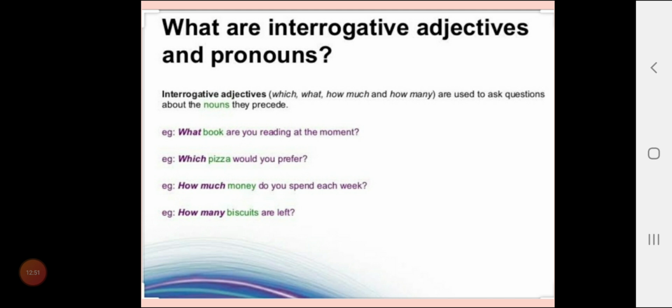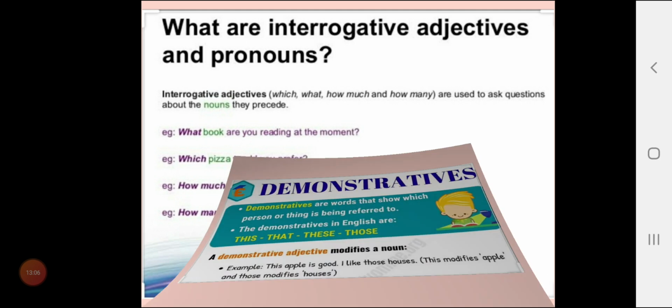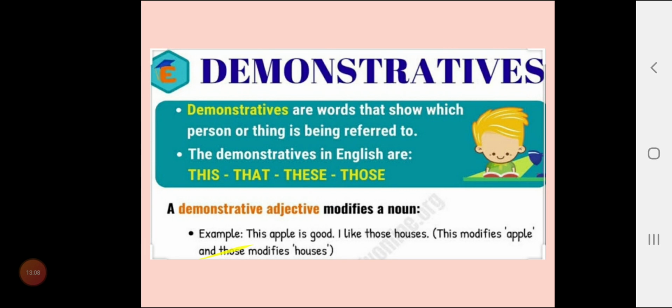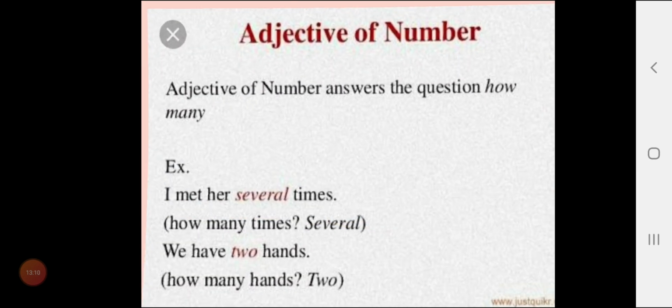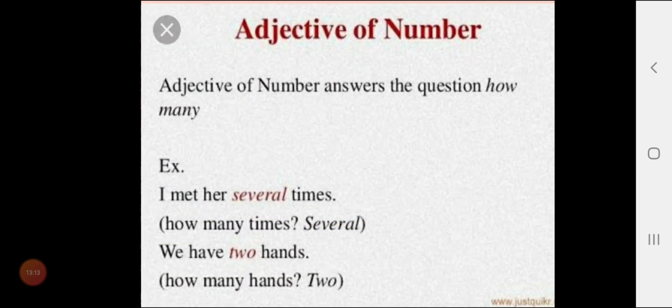You cannot say one rice, one sugar, one milk. Next, adjectives of number are used for countable nouns like balls: one ball, two balls, two men, pencils. On page number 44 you are given the difference between adjectives of quantity and adjectives of number. Please watch that.